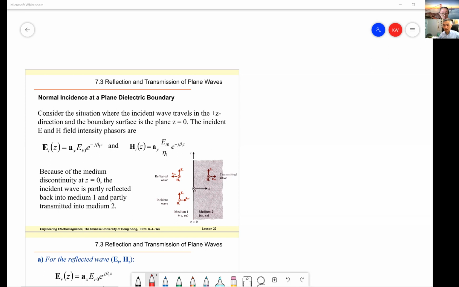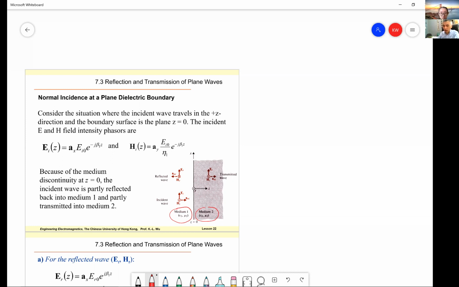Now let's continue from what we stopped last week. We have one medium, we call medium 1, characterized by permittivity 1 and permeability 1. Then we have medium 2, also characterized by permittivity and permeability, but different from those in medium 1.